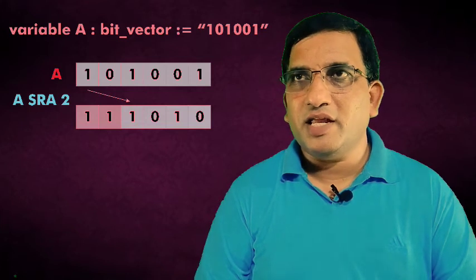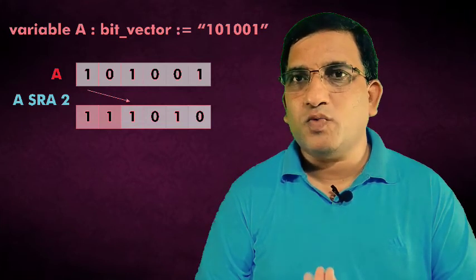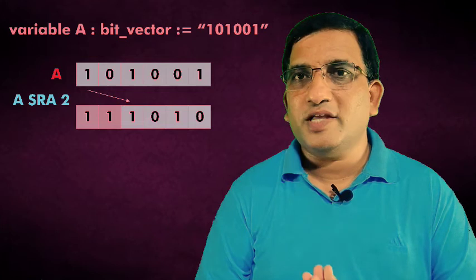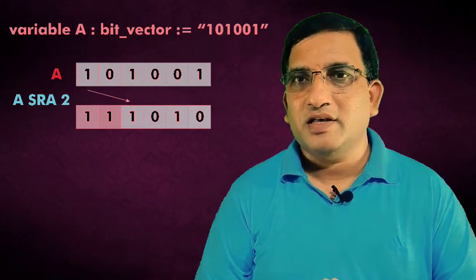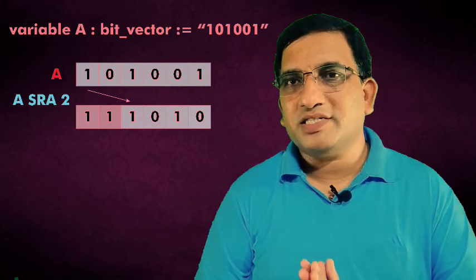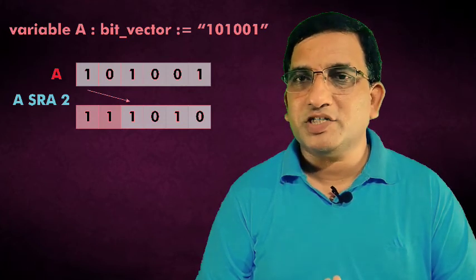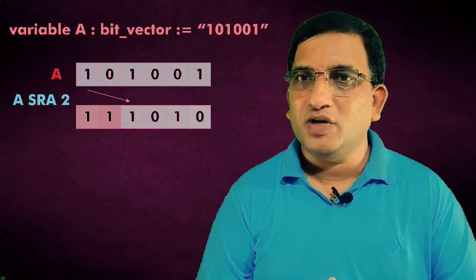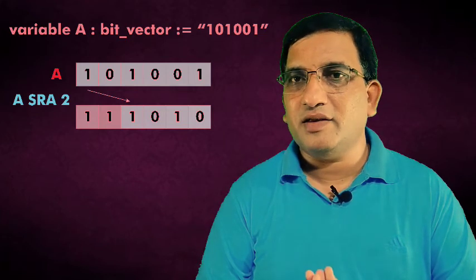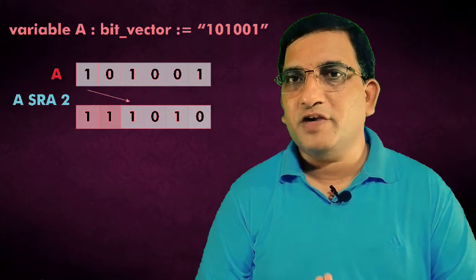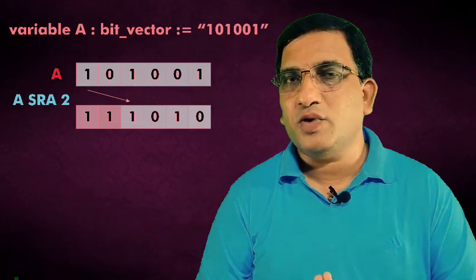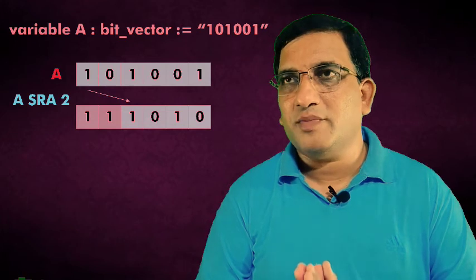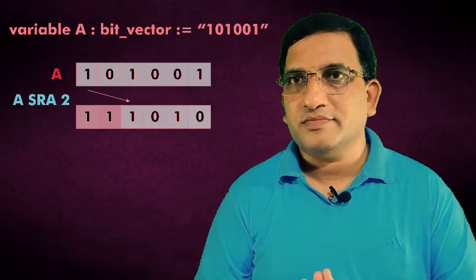In A variable the bit present is 1. So the 2 bits that are vacated after shifting will be filled with 1. If that bit were 0, then the vacated positions would be filled with 0. But here the vacated bit positions will be filled with 1 because the leftmost bit of the original data in variable A is 1.